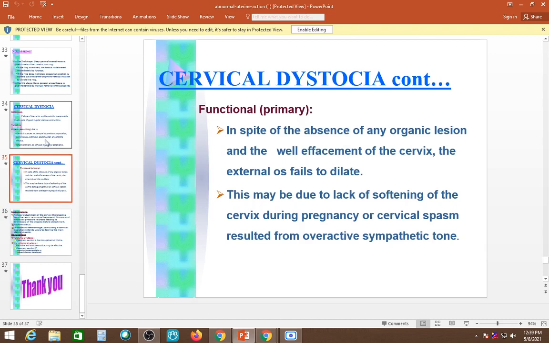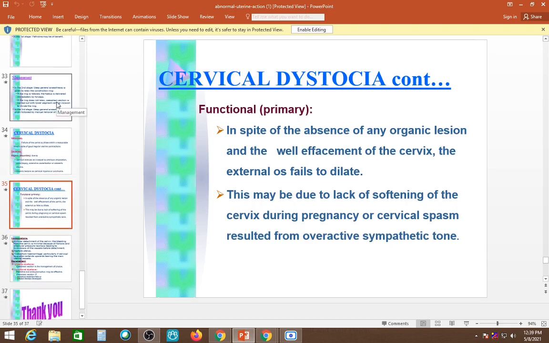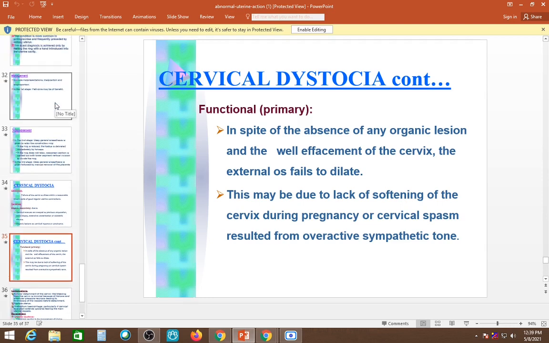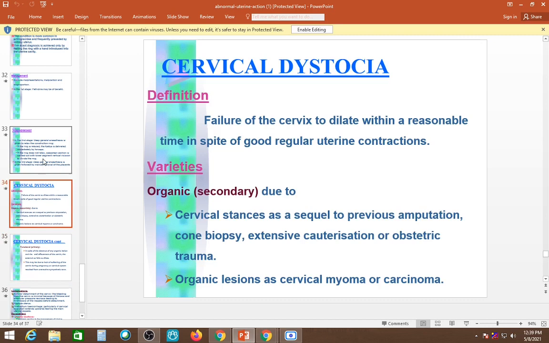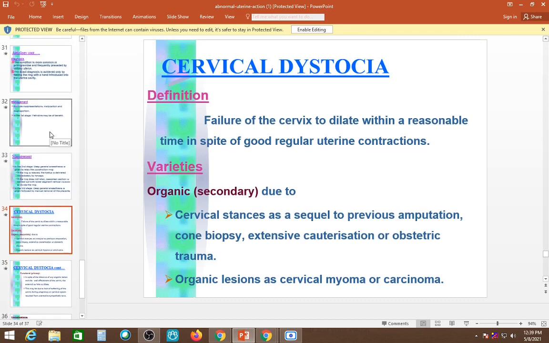Now I come to the end of my topics, that is abnormal uterine contractions. I didn't prepare any other class. So you understand now the different abnormal uterine contractions: precipitate labor, hypotonic uterine inertia, then constriction ring, then different types like spasmodic and colicky pain.